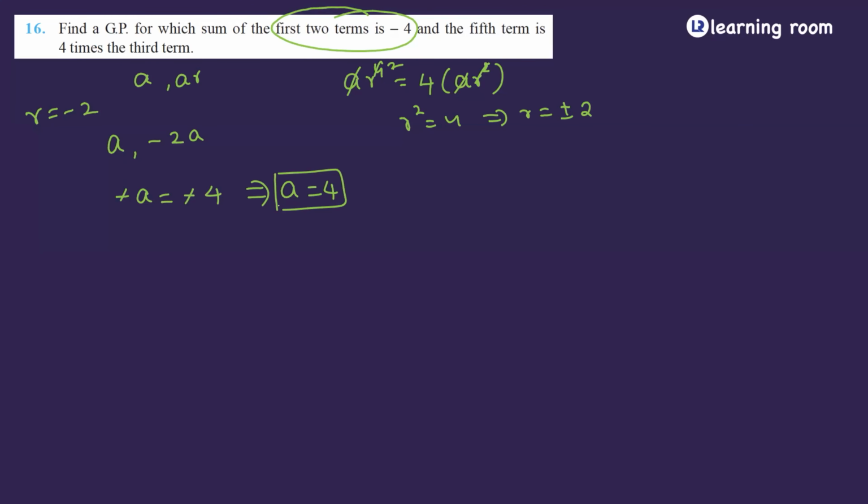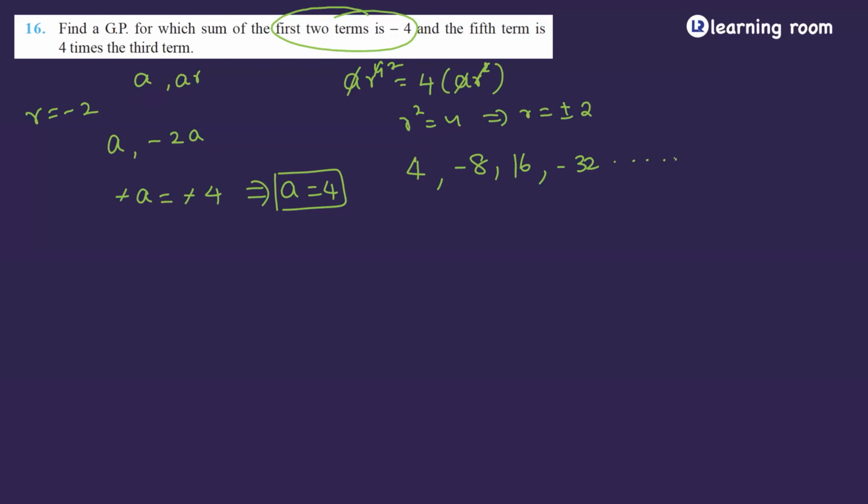Then the sequence will be 4 comma minus 8 comma 16 comma minus 32, so on. This will be one of the sequences.